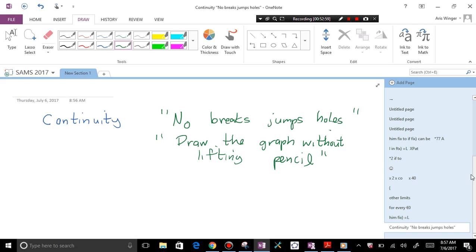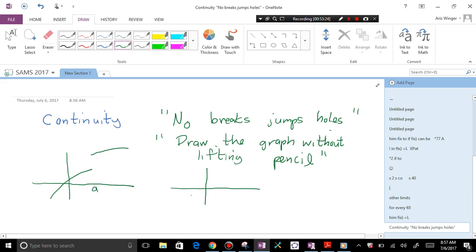We want to formulate this mathematically. That means that if I have a function f, we're talking about being continuous at a, right? Not continuous. Continuous?